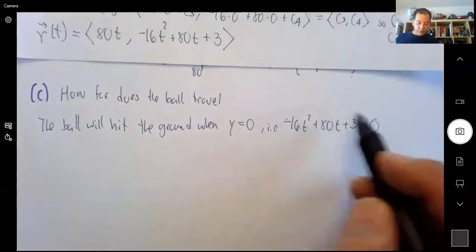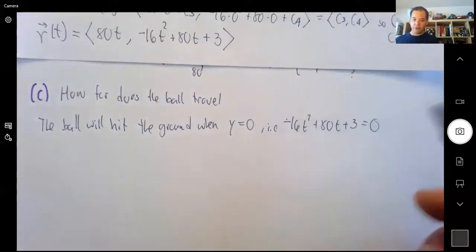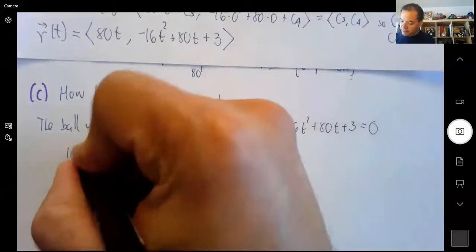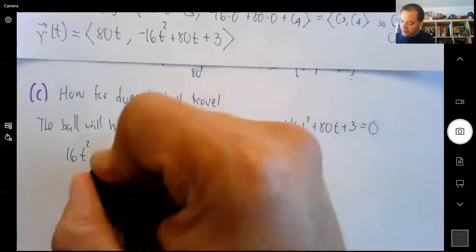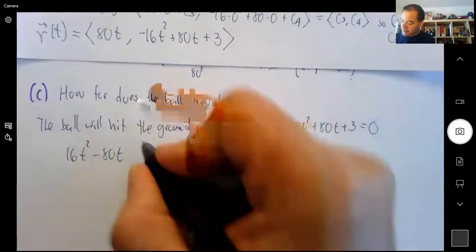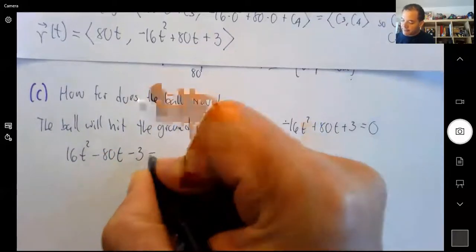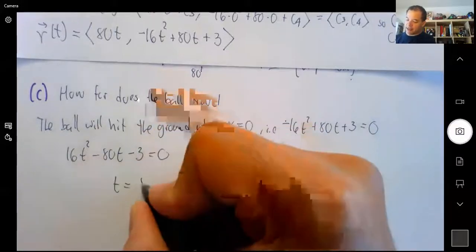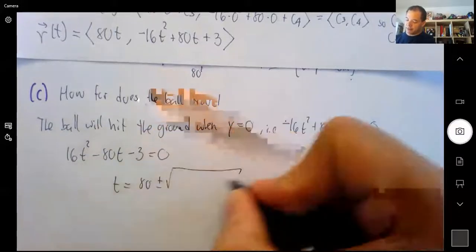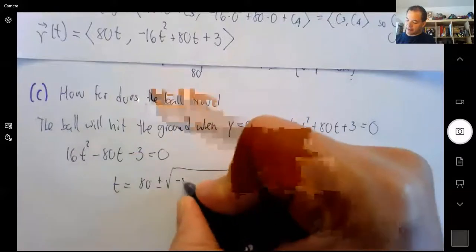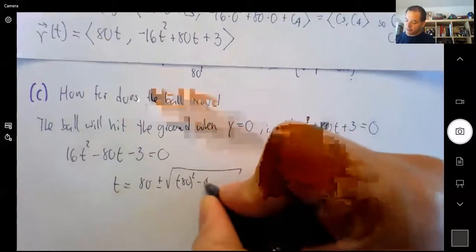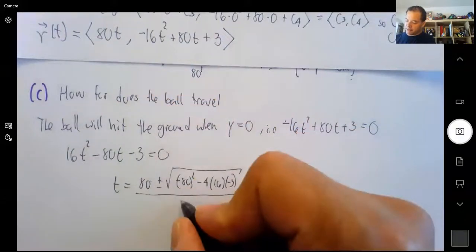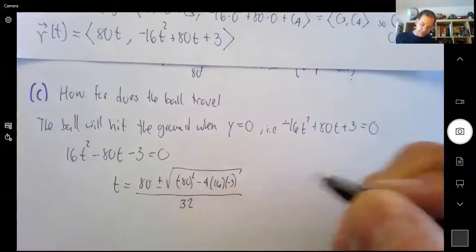Now there's going to be two t's here. This is not an easy one, so you would need to use the quadratic formula. Once you multiply by a negative sign to make the leading term positive, there are two solutions: 80 plus or minus the square root of negative 80 squared minus 4 times 16 times negative 3, divided by 2 times 16, that's 32.